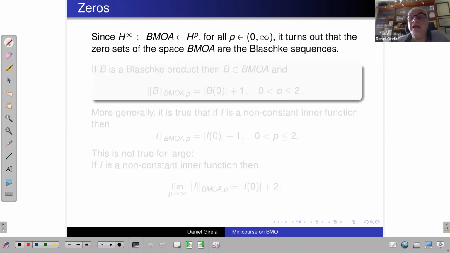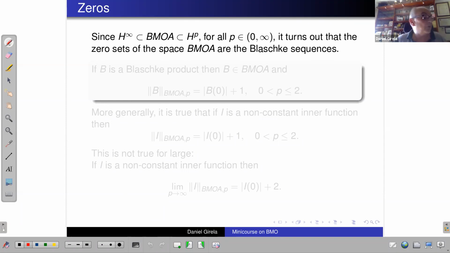Well, whenever we have a space of analytic functions, one of the things that we try to do is to know what are the zeros of functions in this space, what are some operators on this space, and so on.